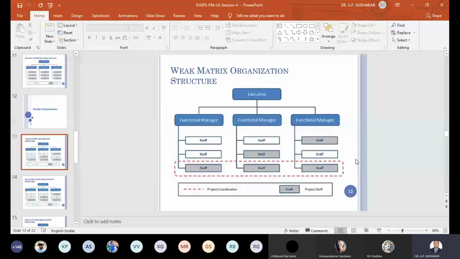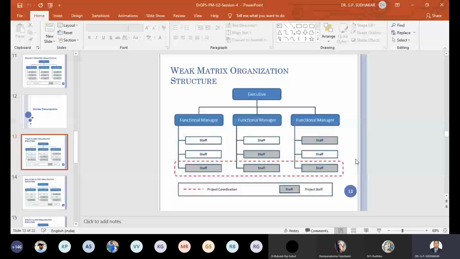Let us see the first one, the weak matrix organization structure. In weak matrix organization structure, there will be somebody called a project coordinator, or expediter. Here also his authority is very little, whereas authority remains with the functional manager. But project coordination is done by the project coordinator.